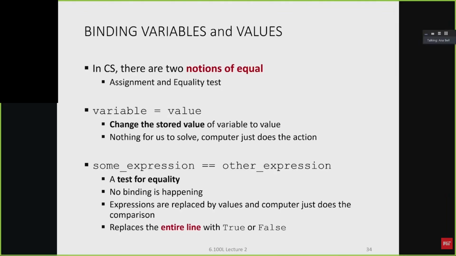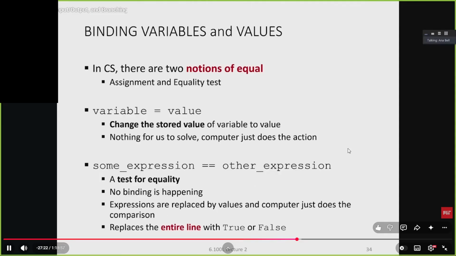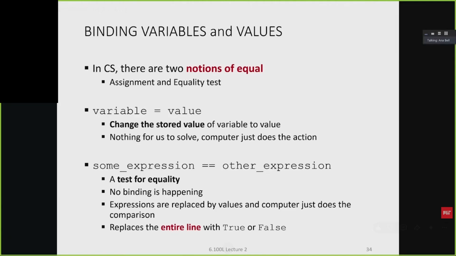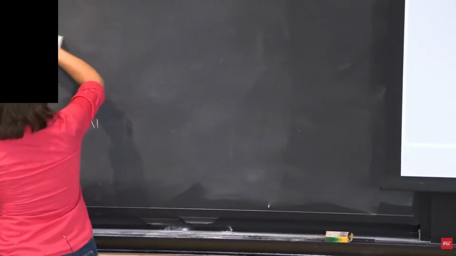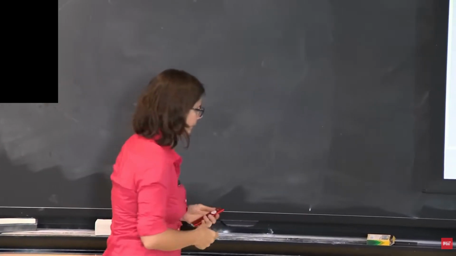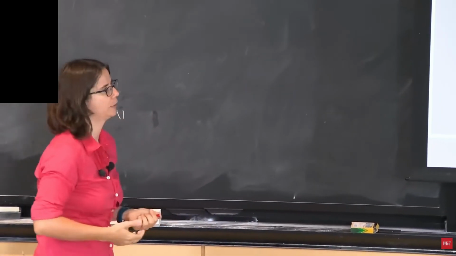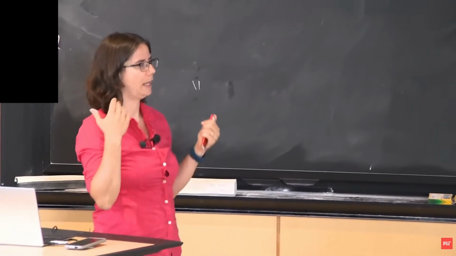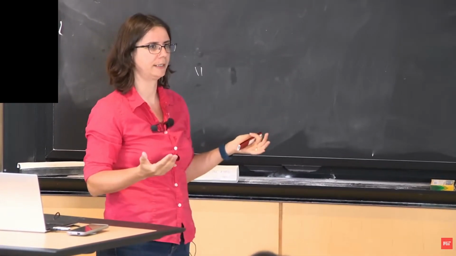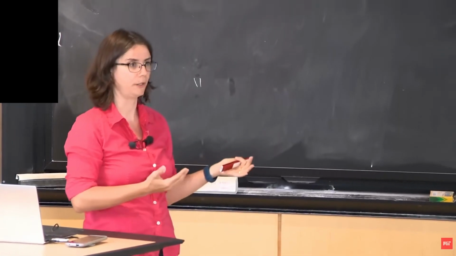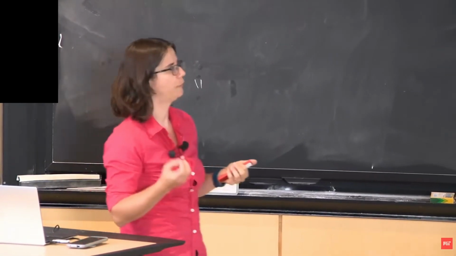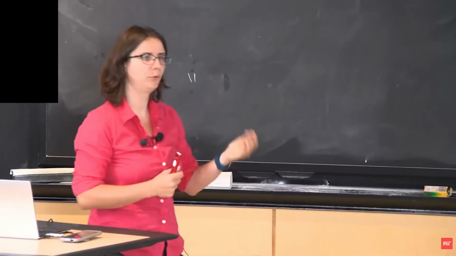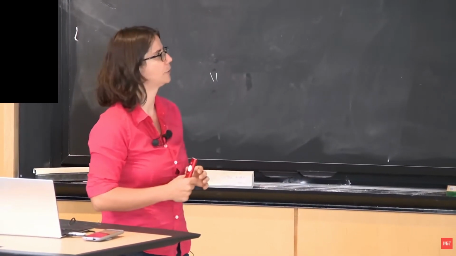Double equal in Python is how we tell Python that we'd like to know whether these two expressions are equivalent. So how do we express equivalency? Boolean. If something is equal to something else, we can say yes or no, true or false. True or false should ring a bell. It's the Boolean data type that we saw last lecture.